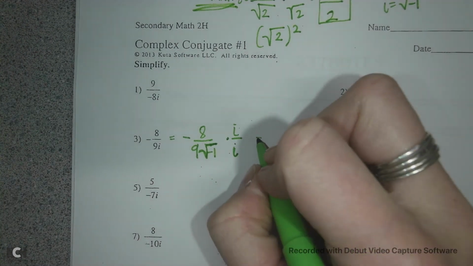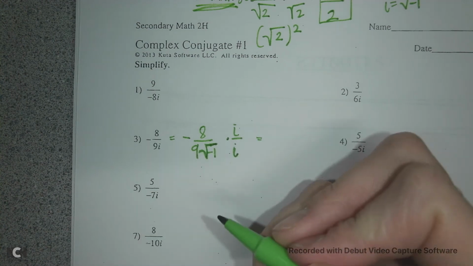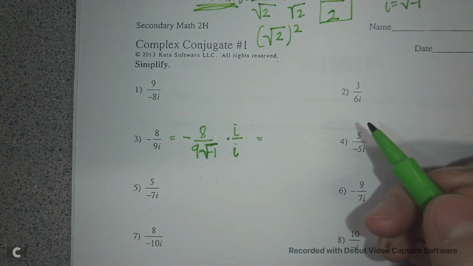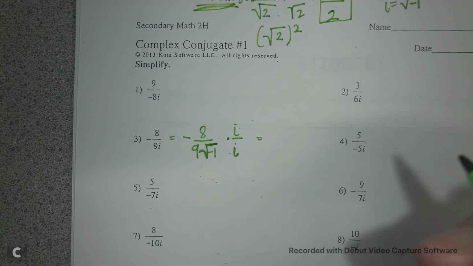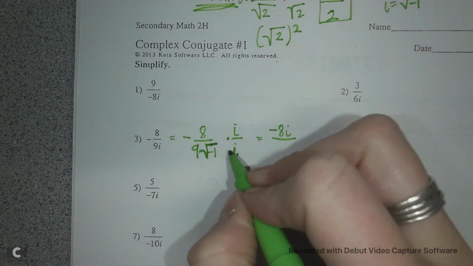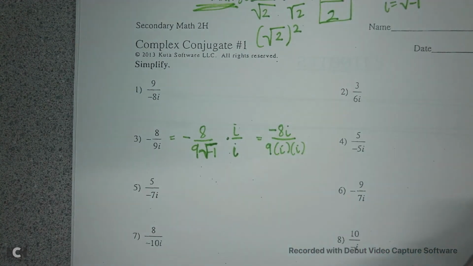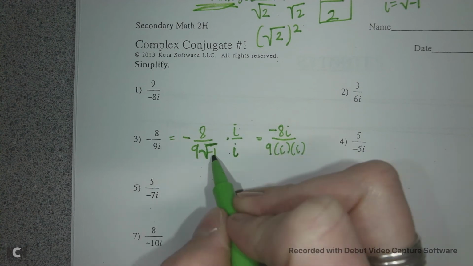So anyways, let's multiply straight across. I'm going to move this negative to be up with my 8. It needs to go somewhere, so just give it to the top or the bottom, just one. On the top, I have -8i, and on the bottom, I really have 9 times i times i, because I had my i from the beginning.